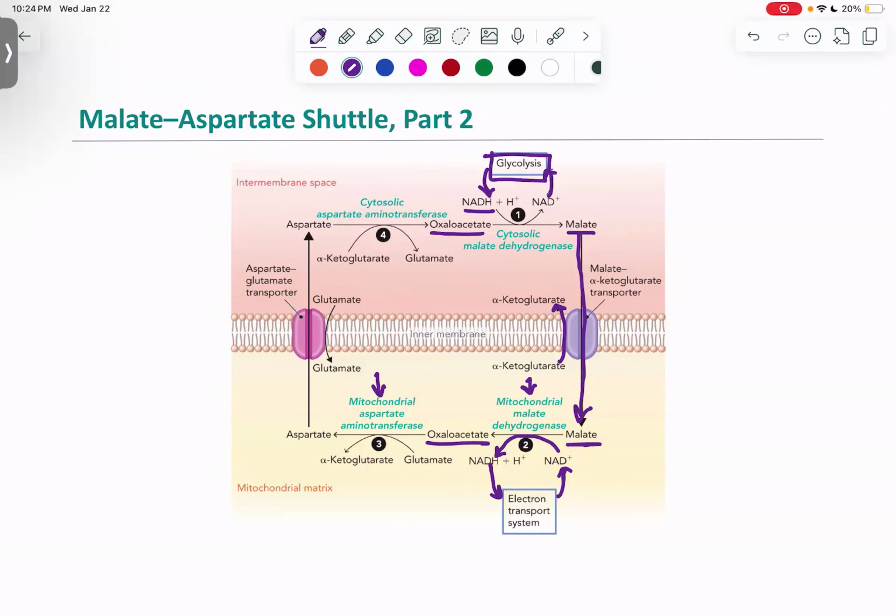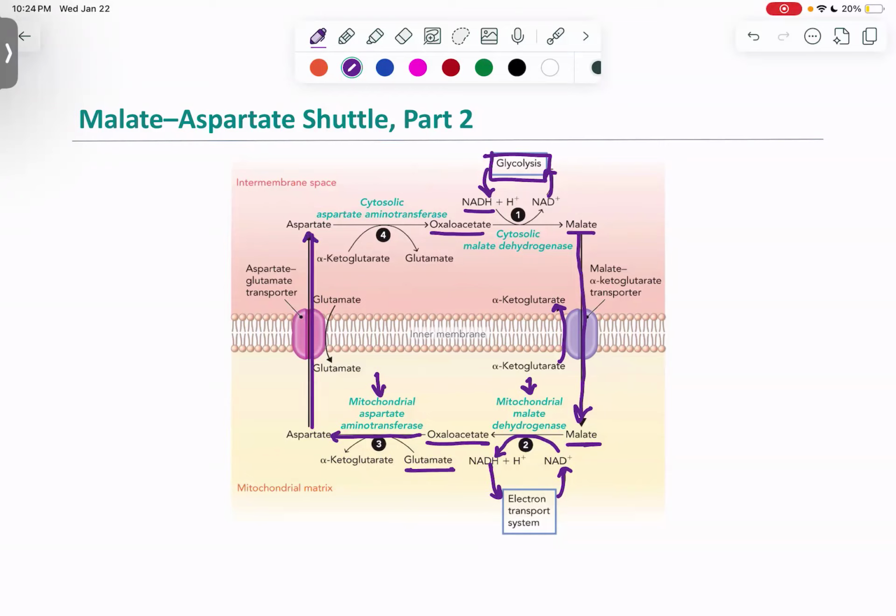And so we're going to take oxaloacetate and glutamate, and we're going to turn that into aspartate and alpha ketoglutarate. Look at this. These are all substances that we already know are in the mitochondria, which is like fantastic. Makes it so easy.